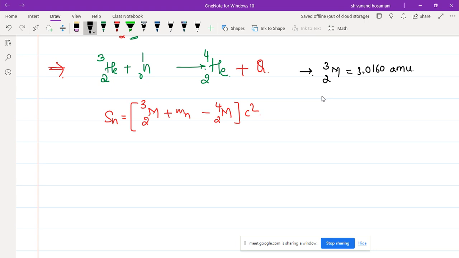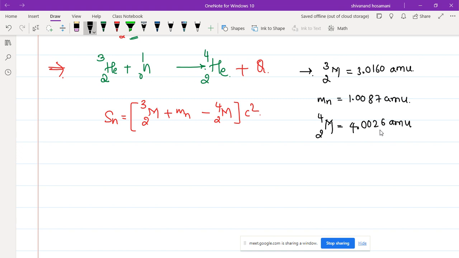Similarly, he has given the mass of the neutron, Mn, as 1.0087 AMU. And similarly, he has given the mass of helium with mass number 4 as 4.0026 AMU.